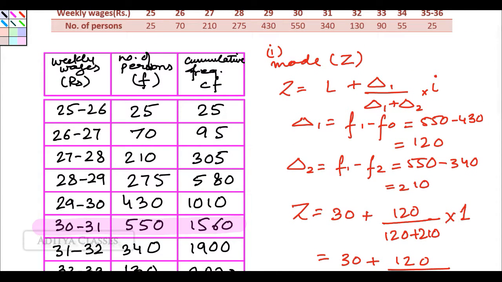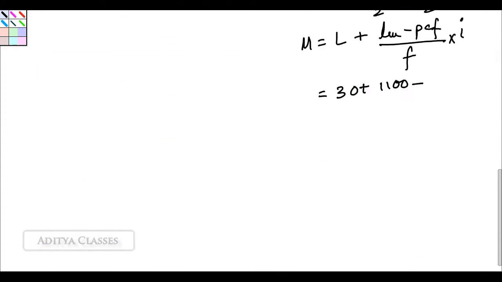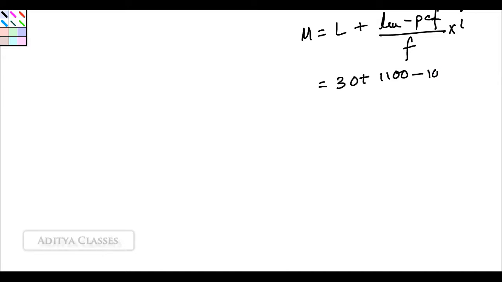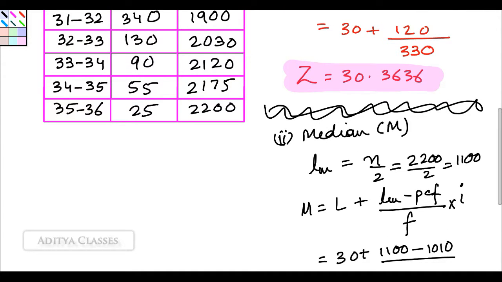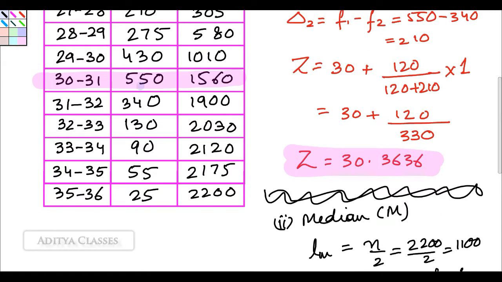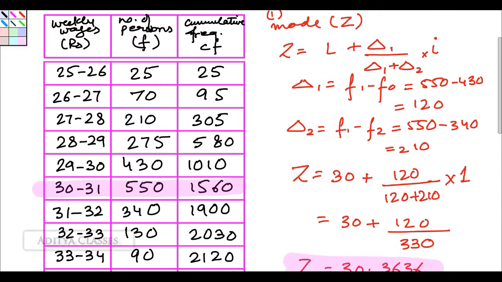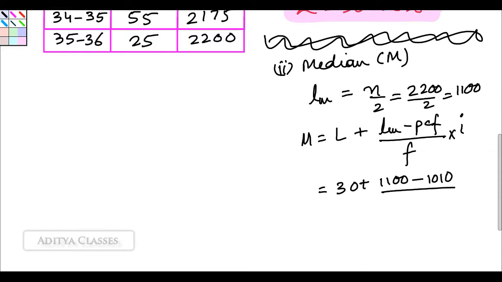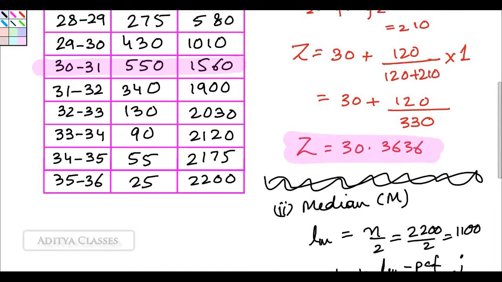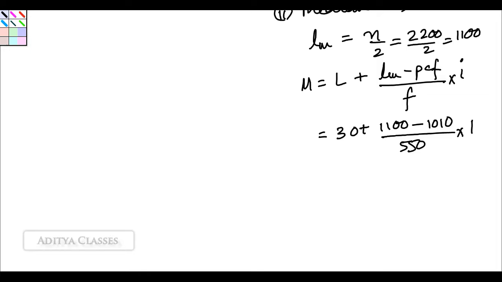The CF preceding the median class, my class being 30 to 31, is 1010. So it will become 1100 minus 1010 upon the frequency of the median class, which is 550, multiplied by interval. Interval is 30 to 31, that is 1.